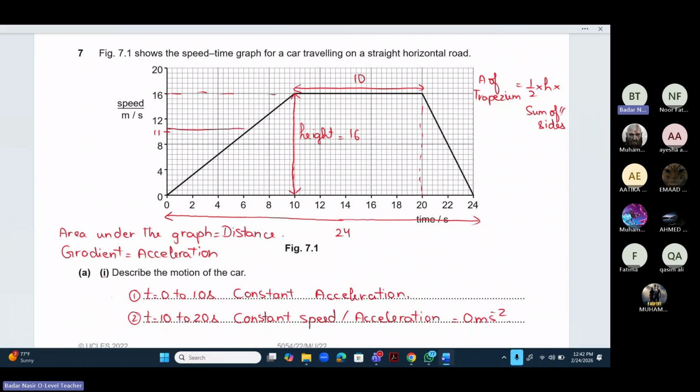So you will draw a horizontal line from 0 till 24 for this second graph. Its speed is constant from 0 to 24. Okay, meaning its graph is just a horizontal line. Its constant speed is the same as its average speed.